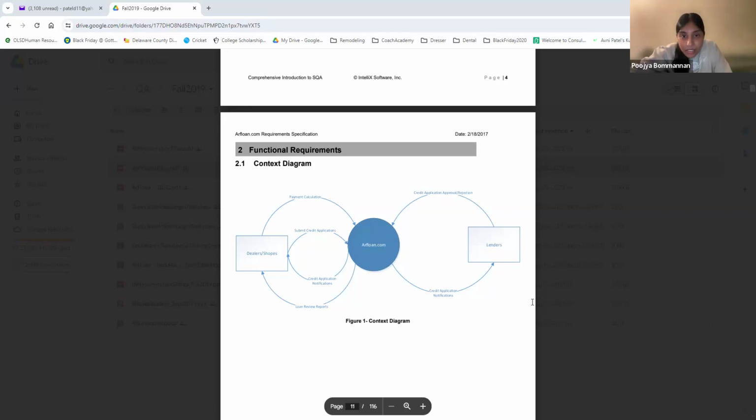So I was just following where the arrows were going. The dealer will be sending over the payment calculation to Arfloan, and Arfloan will be sending the loan review reports to the dealer.